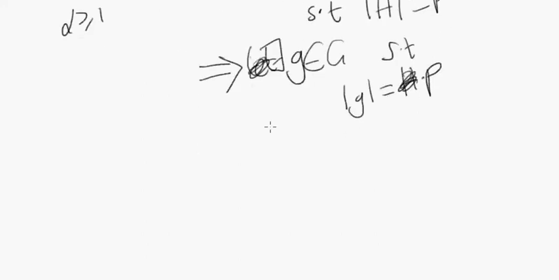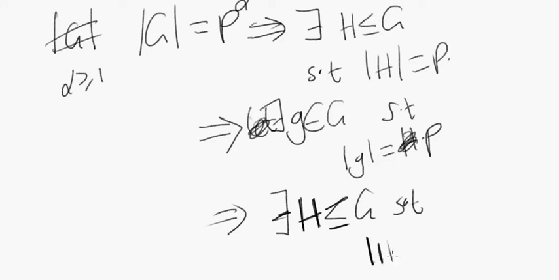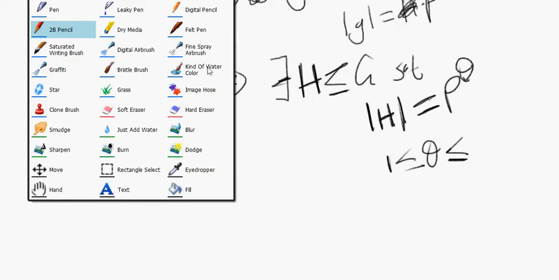Another approach we were thinking about is, what if we perform this using power reduction instead? Suppose we know that if the order of G is some prime power, p to the alpha, that guarantees us some subgroup H of G such that the order of H equals p to the theta, where theta is at least 1, but certainly strictly less than alpha.